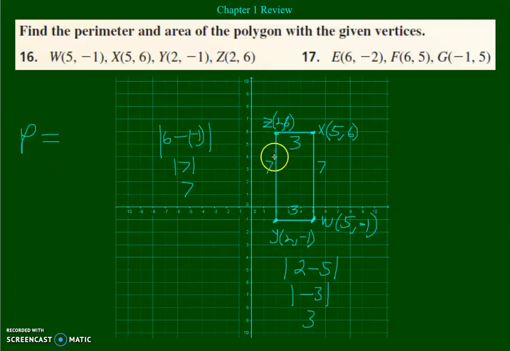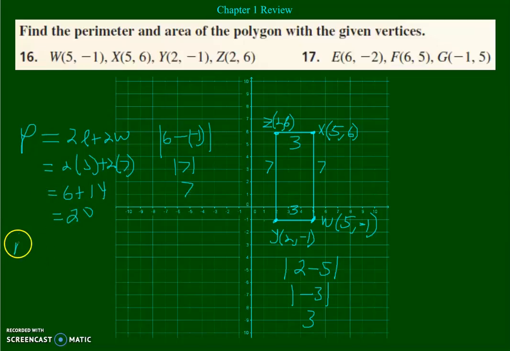In a rectangle, and this is actually a rectangle, it's 2L plus 2W, which is 2 times 3 plus 2 times 7, which is 6 plus 14, which is 20. So that's our perimeter.